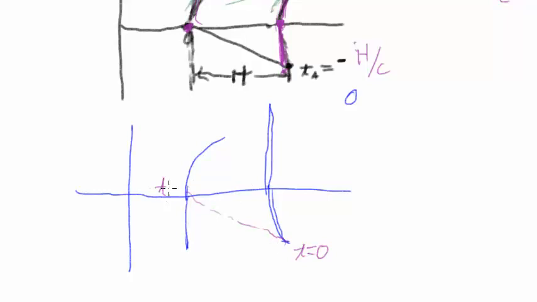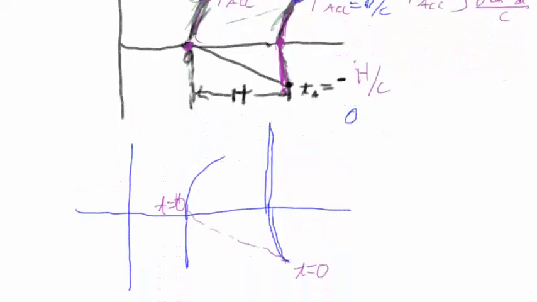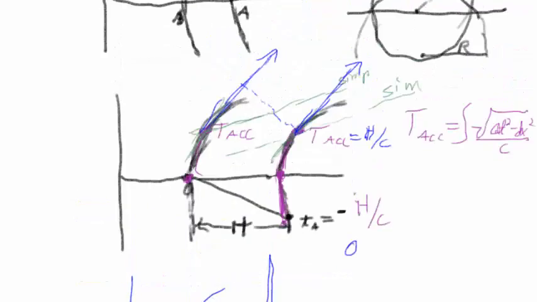This guy starts accelerating at what he calls t equals h. No, is he going to call it t equals 0 or t equals h over c? Okay, I think I like the first thing better because that actually has a chance of having some kind of co-moving parts. So, yeah, I like this a little better.